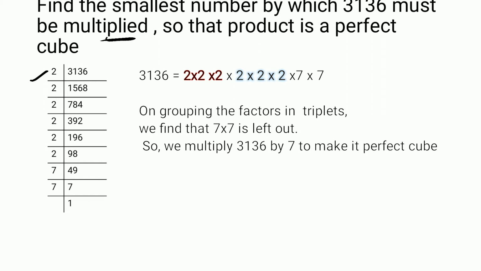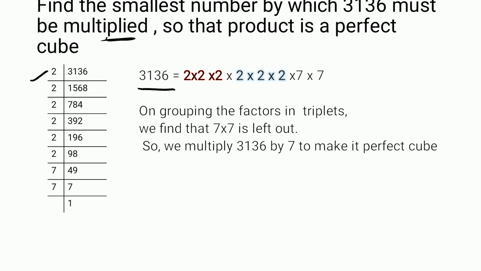Everybody knows about it. So look here, 3136 has factors like 2 into 2 into 2, 2 into 2 into 2, and then 7 into 7. You can easily observe it. There are factors of 2 and 7.